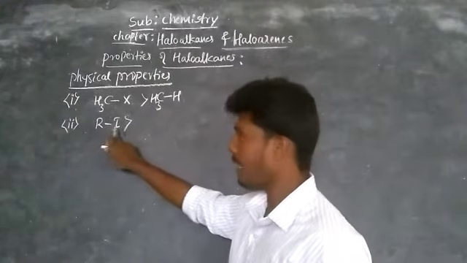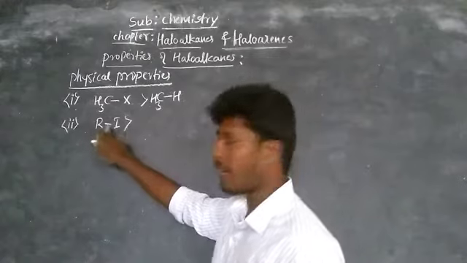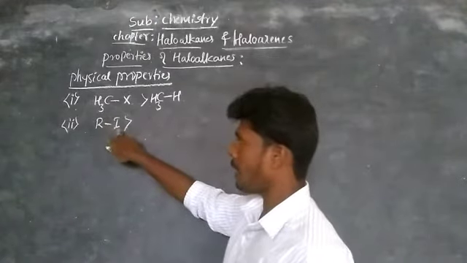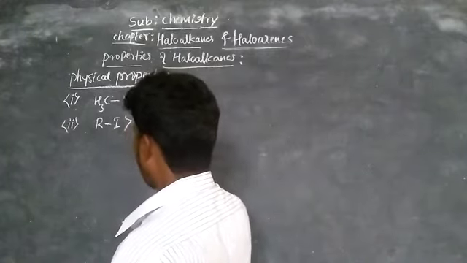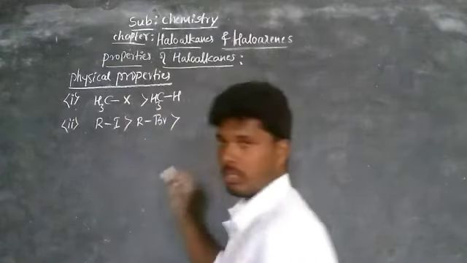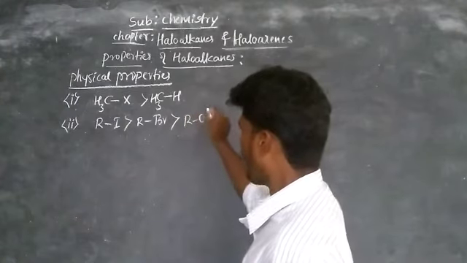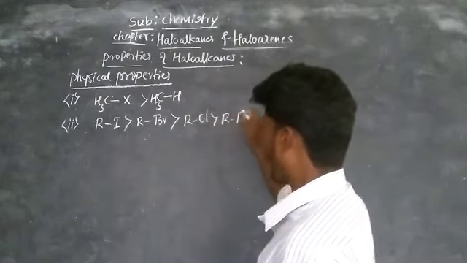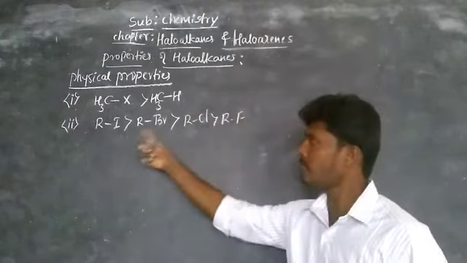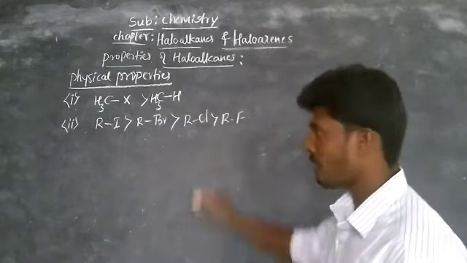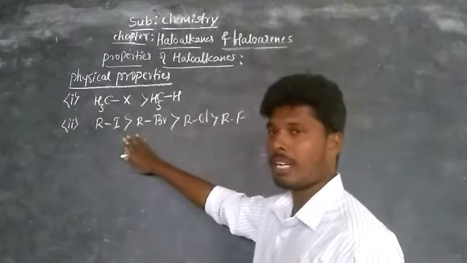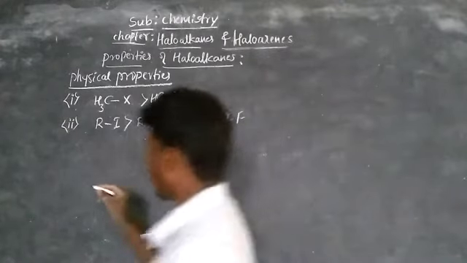Therefore, the iodoalkane has a higher boiling point than the bromide compound, then the chloride compound, then the fluoride compound. It means as the size of the halogen atom increases, the boiling point increases.